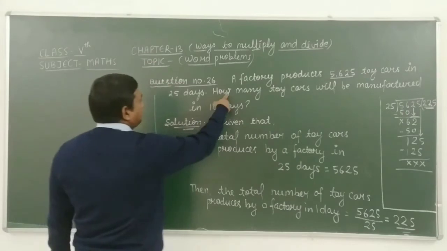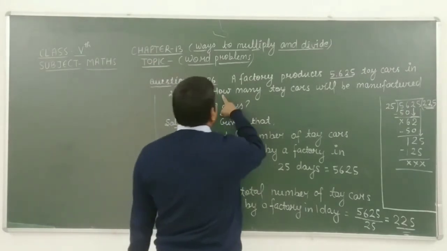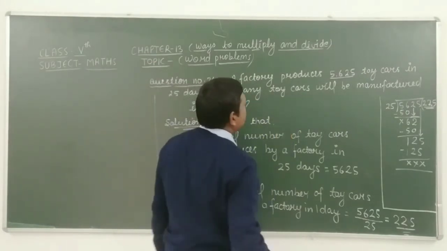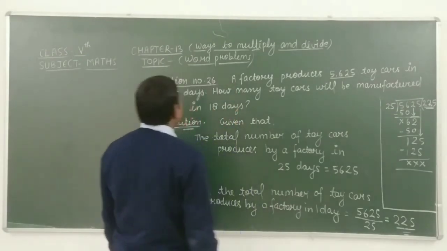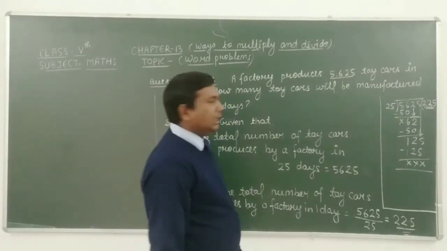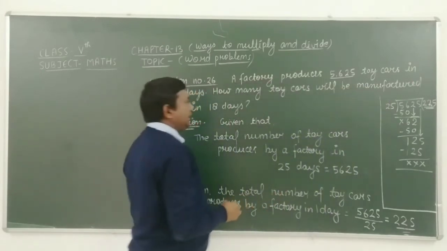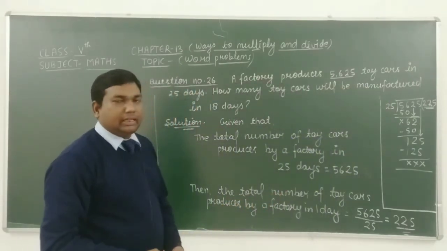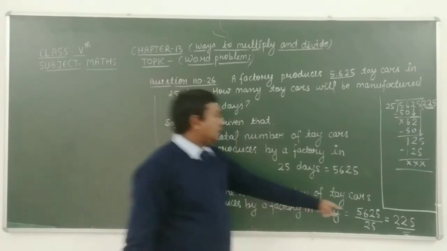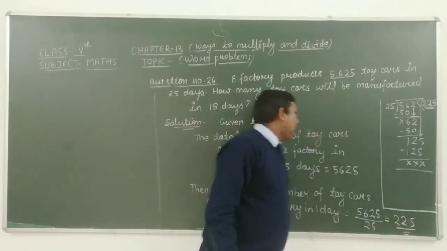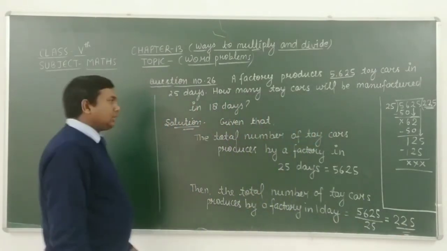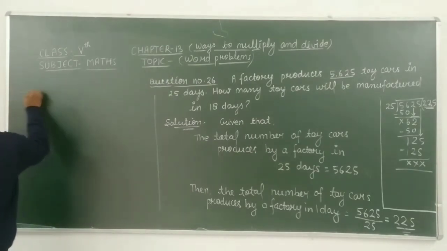look here. Here we find the total number of toy cars manufactured in 18 days. The total number of toy cars that will be manufactured in 18 days, then we have to take the multiplication of 225 by 18. Look here carefully.